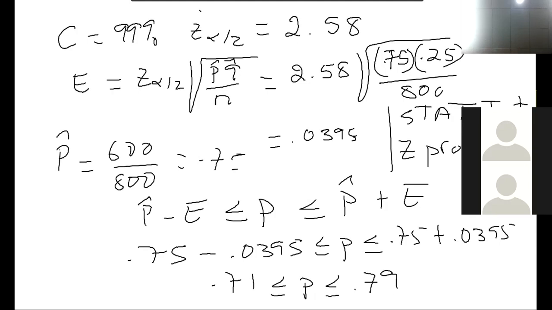Number 5. What is number 5? Proportion Z interval, number 5. One proportion Z interval.